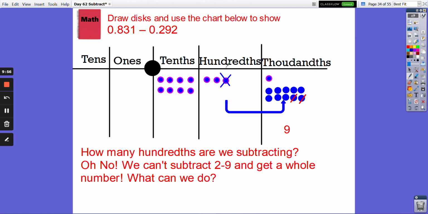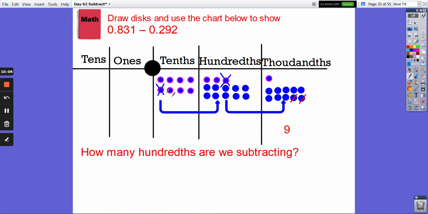That means I'm going to go to the next highest place value, I'm going to take 1 away, which will give me 10 hundredths. I'm going to take 1/10 away, which is equal to 10 hundredths. Okay, how many hundredths are we subtracting? Again, we're subtracting 9 hundredths from the current 12, which will give us 3 hundredths left.